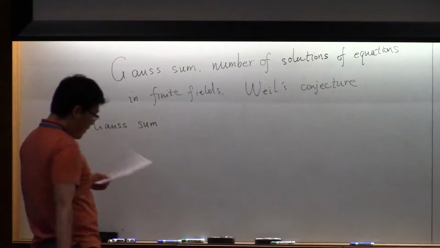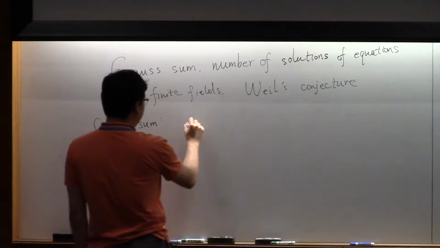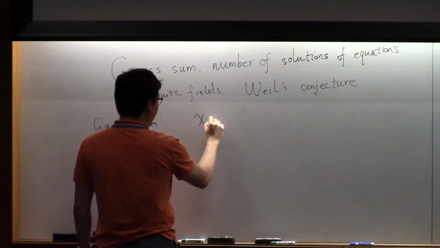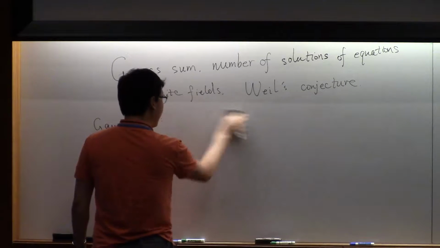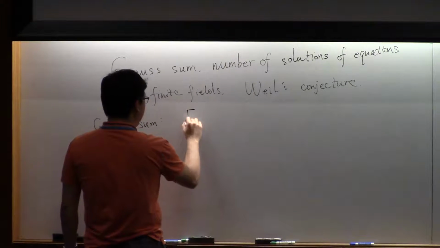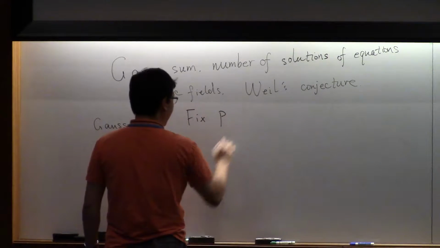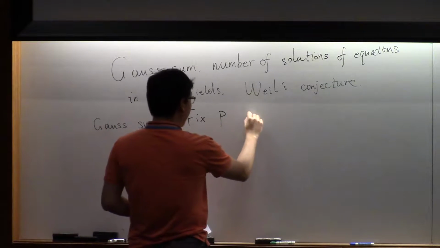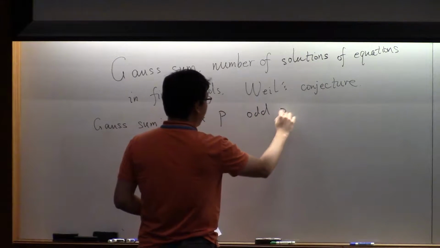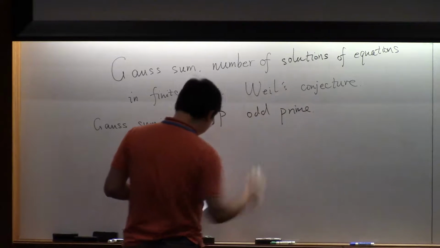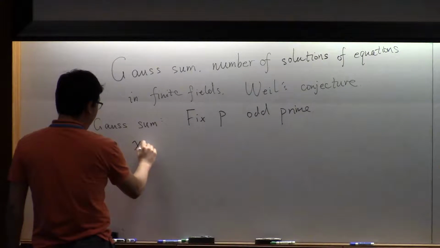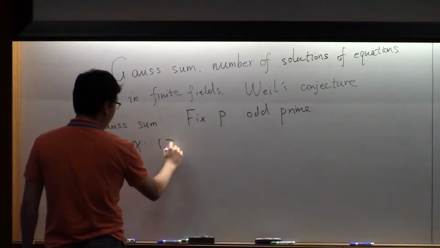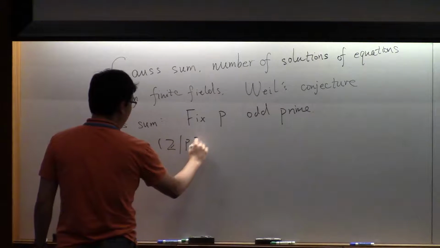The Gauss sum is defined for a character. So suppose I fix a prime p. I assume that it is an odd one. And then I fix a character modulo p.